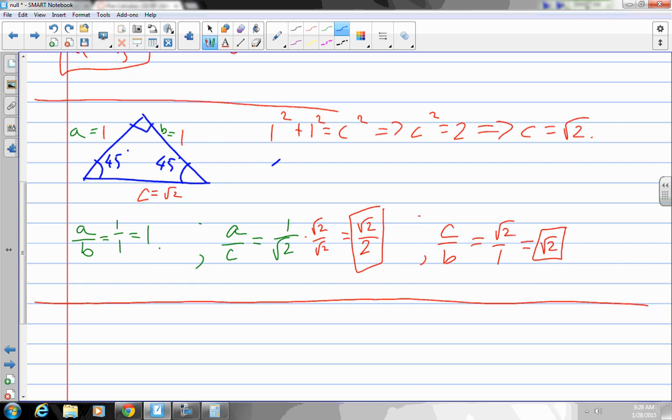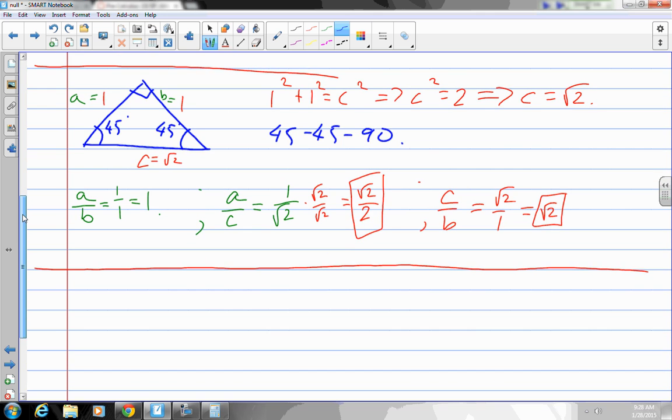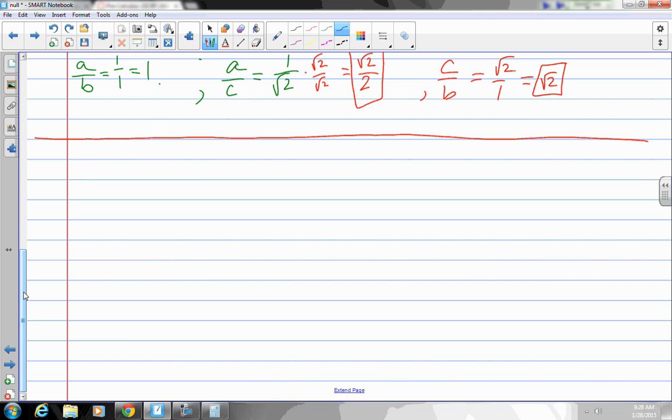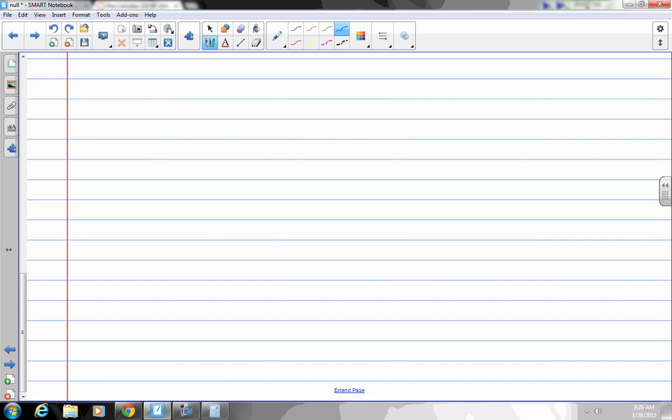So this was 45, 45, 90. The other triangle that I want to look at is the 30, 60, 90 triangle. So again, all triangles that have the same angle measures will have the same ratios. Okay. Now, the way I do that one is actually a little trickier.